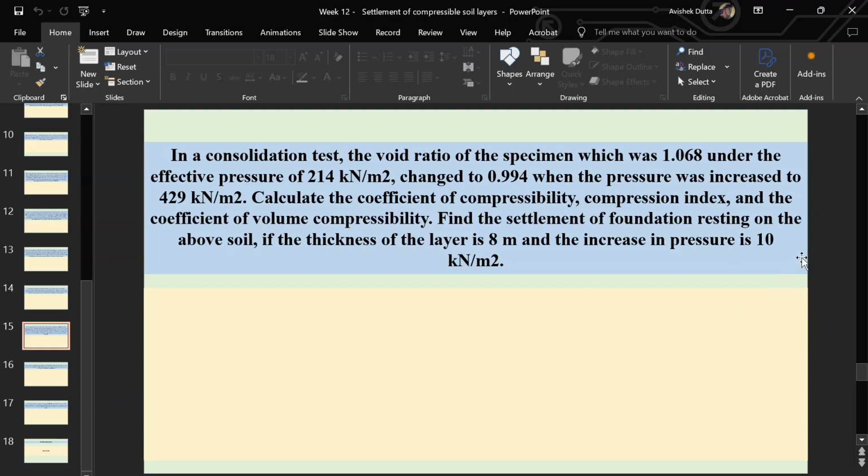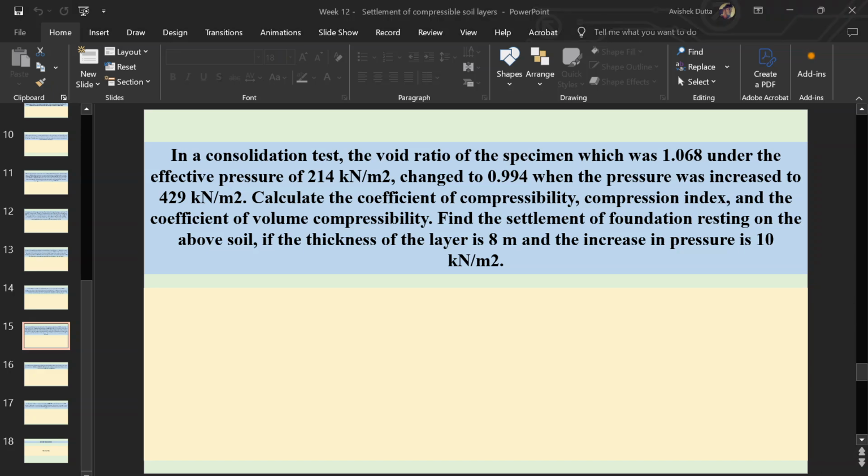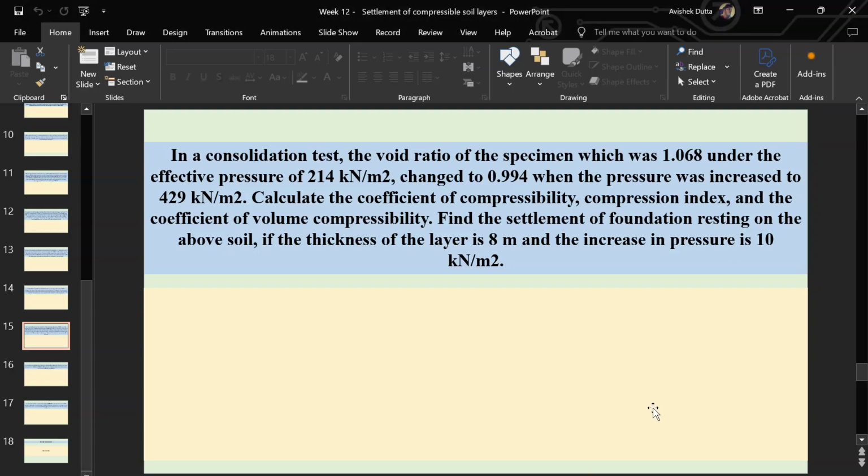In a consolidation test, the void ratio of the specimen, which was 1.068 under the effective pressure of 214 kilonewton per meter square, changed to 0.994 when the pressure was increased to 429 kilonewton per meter square. Calculate the coefficient of compressibility, compression index, and the coefficient of volume compressibility.